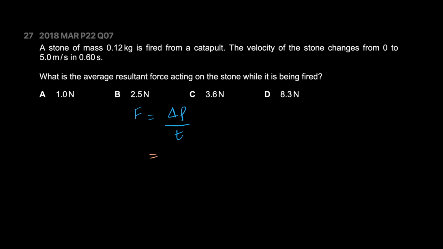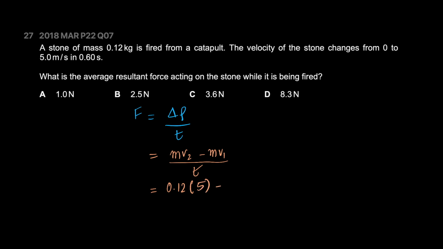So we don't know the change in momentum. We can figure it out. It's mv2 minus mv1, like we talked about, over time. What is mv2? Well, mass is 0.12 times the velocity. The final is 5.